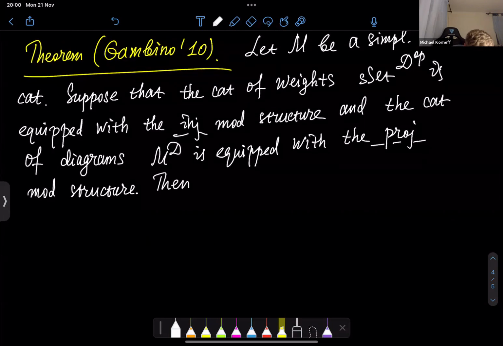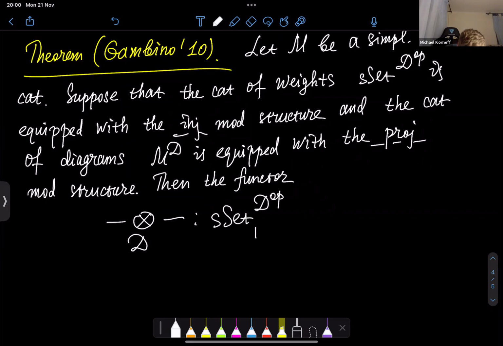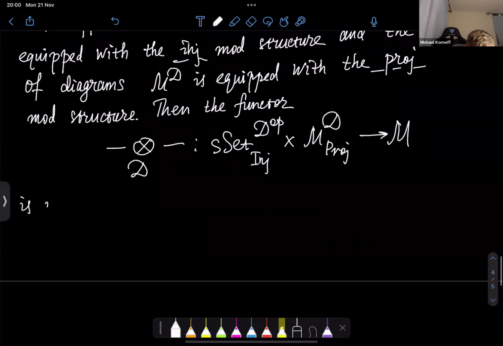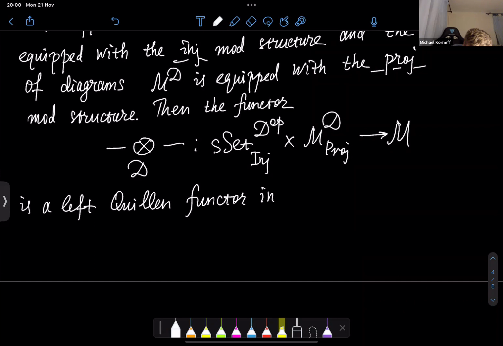Then the tensor product functor is a left Quillen bifunctor, a left Quillen functor in two variables.